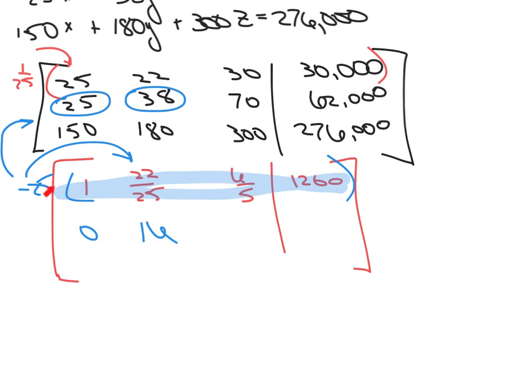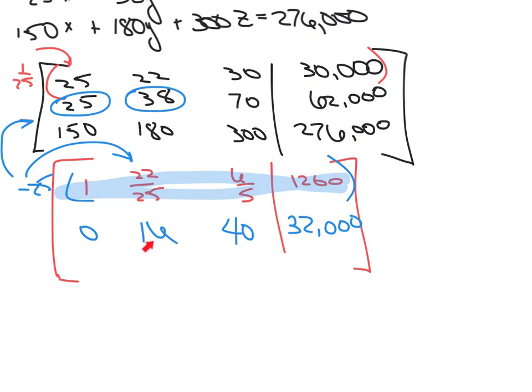And then again, we're multiplying this negative 25 times 6 over 5, which gives us negative 30, plus the 70 here gives us a 40, and then our last number ends up being 32,000. So we just keep plugging away.